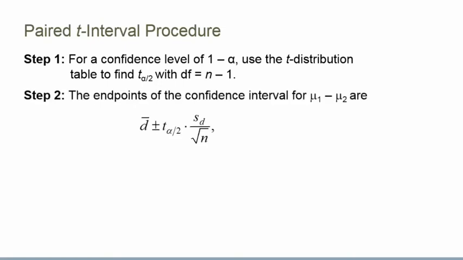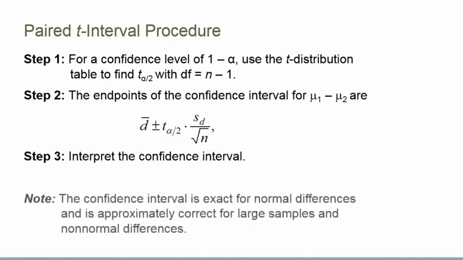The endpoints of the confidence interval for mu sub 1 minus mu sub 2 are d bar plus or minus t sub alpha divided by 2 times s sub d divided by the square root of n. Step 3. Interpret the confidence interval. Note: the confidence interval is exact for normal differences and is approximately correct for large samples and non-normal differences.